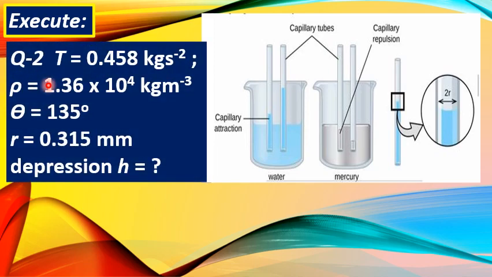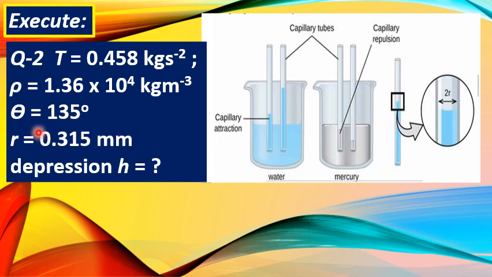For question number 2, these are the given data. We have the surface tension of pure liquid mercury, capital T, equal to 0.458 kilogram per second squared. We're also given the density of pure mercury, equal to 1.36 times 10 to the fourth kilogram per meter cube, and the contact angle theta is 135 degrees.